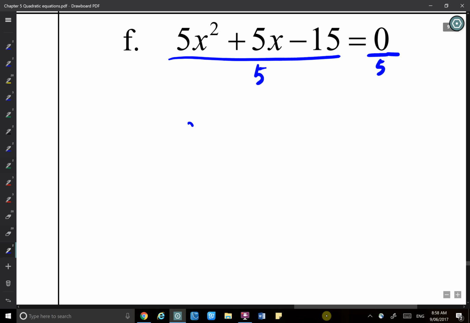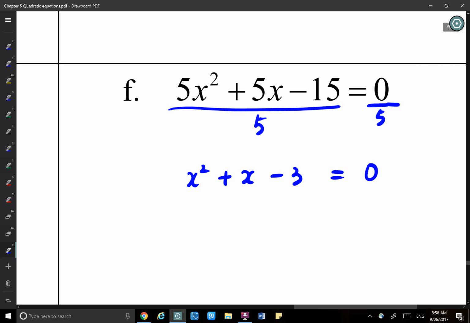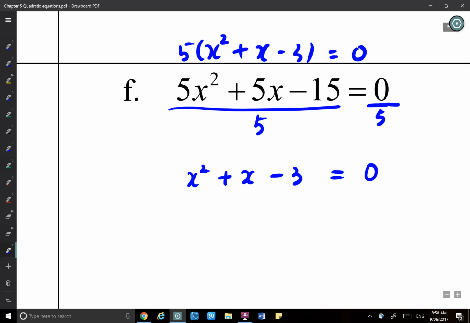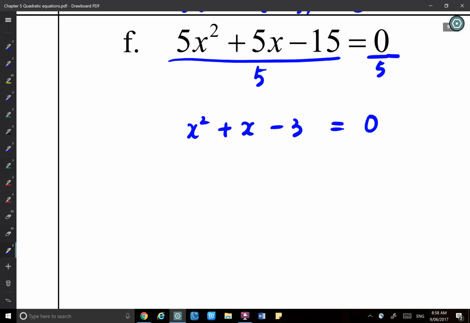What I will have is x squared plus x minus 3 equals 0. Or if you take out the 5, it will be 5x squared plus x minus 3 equals 0. It's pretty much the same. And then you divide the 5 on both sides.